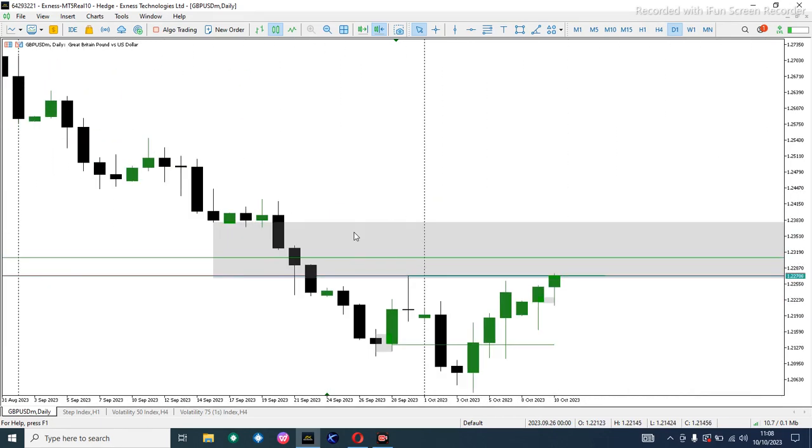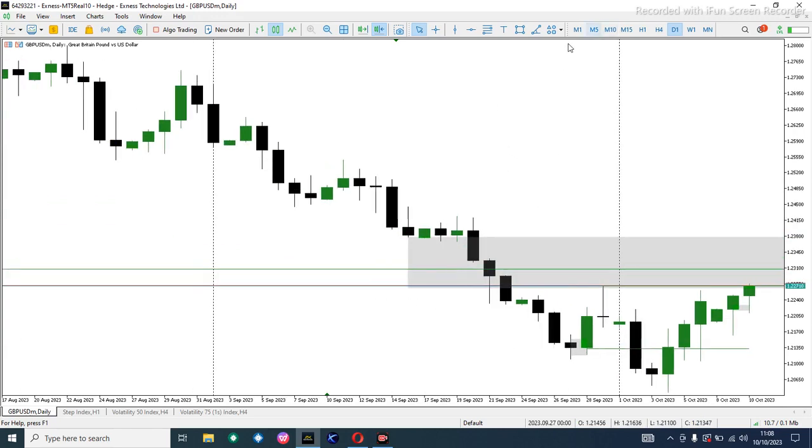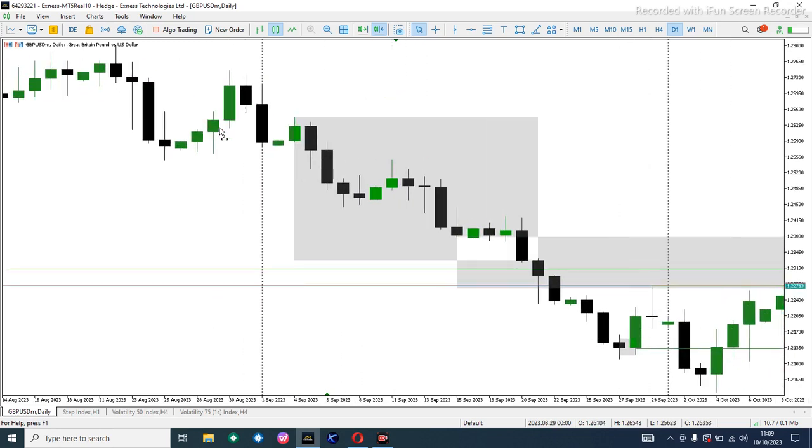Now let's go over to this area here. Let's do some backtesting. Now look at this area, look at it from here.